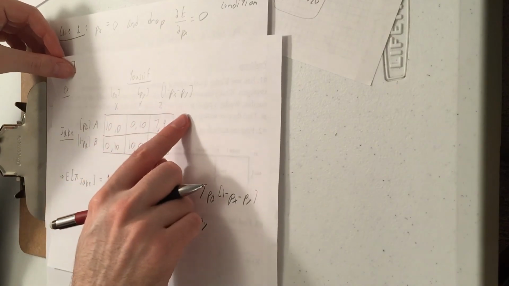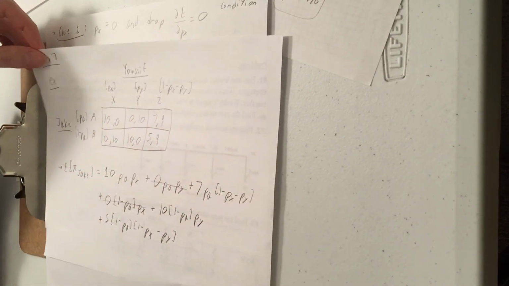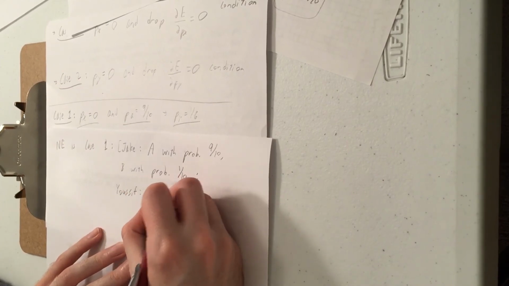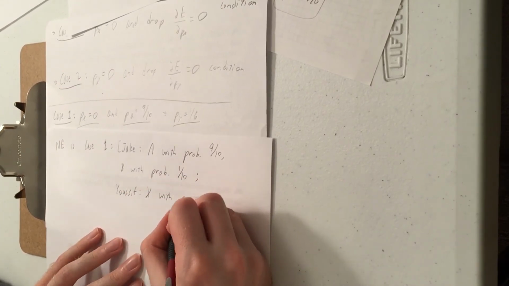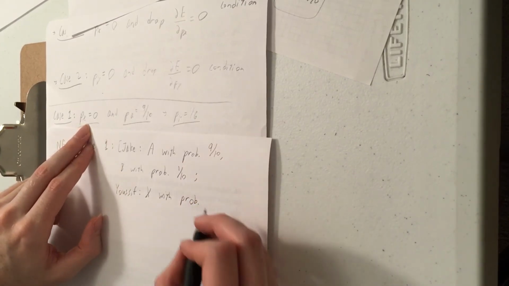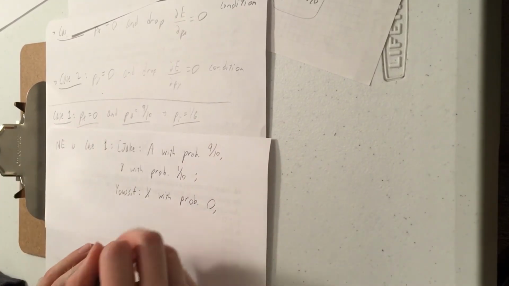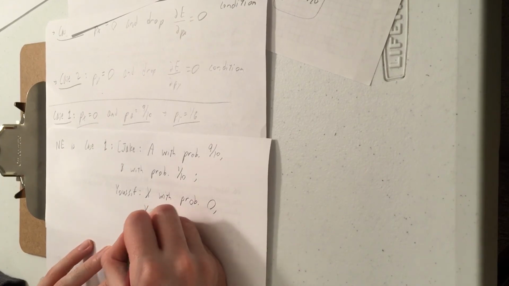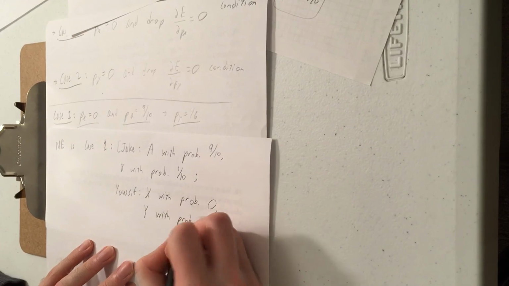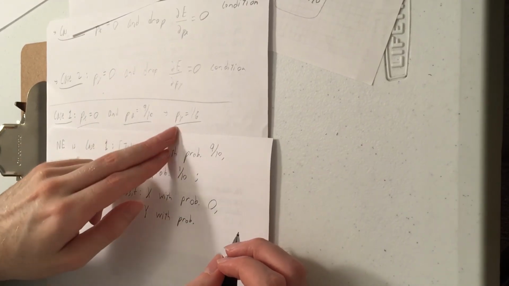Yusuf's strategies are X, Y, and Z. X is played with probability PX, and PX is 0. Y is played with probability PY, and PY is 1/6.